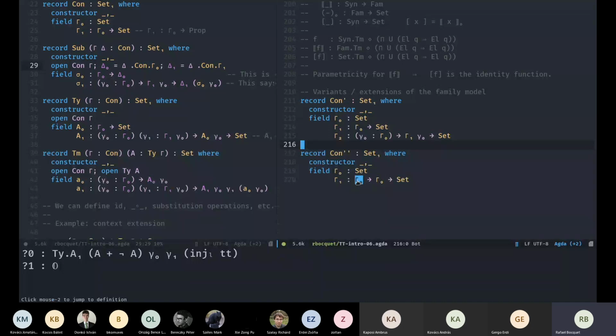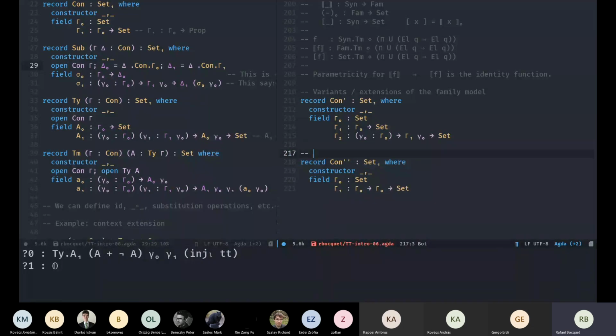Okay, so now gamma 1 depends on two elements of a base context, and I don't know what's the name for this model, but while the family model was related to unary parametricity, where we have a predicate over things, this model is related to binary parametricity, where we have a binary relation between terms, between elements of a type.